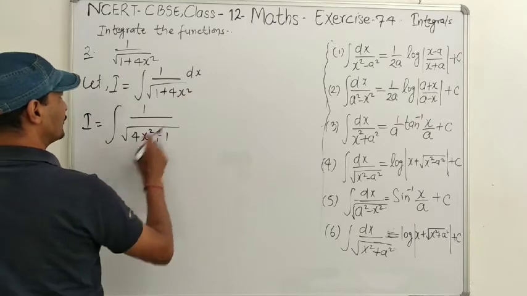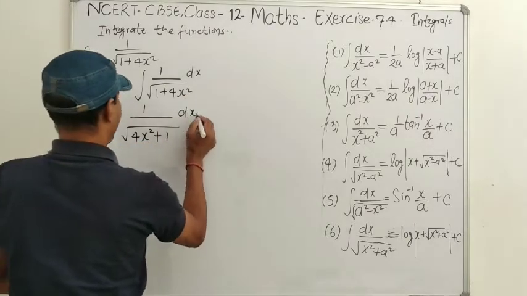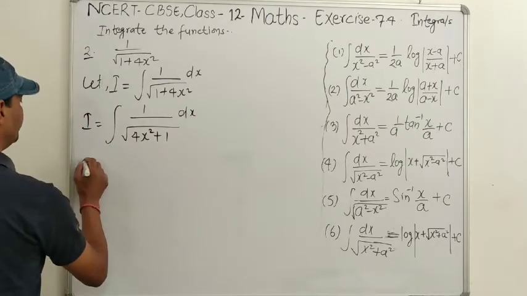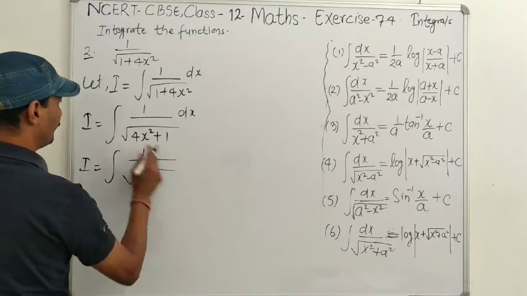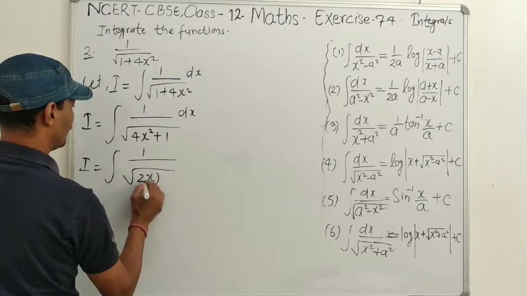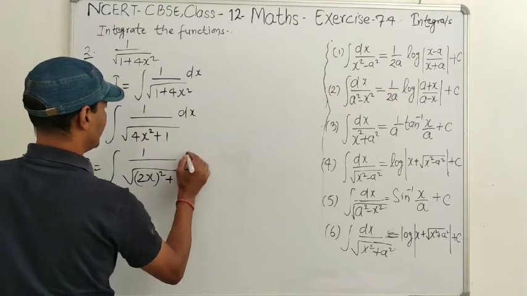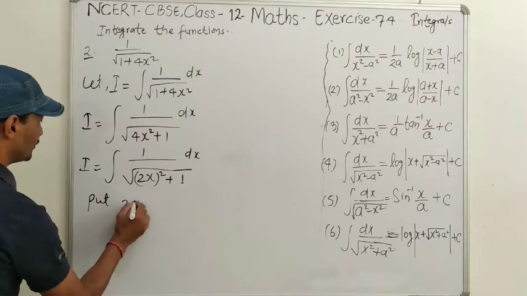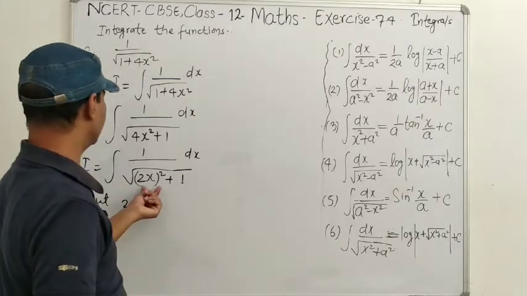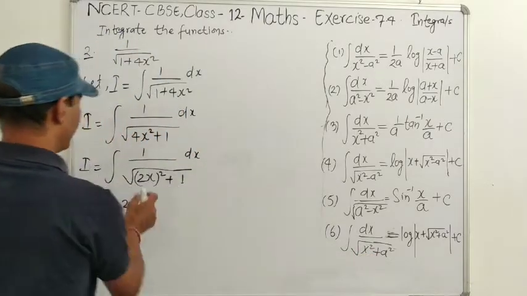Directly also it is possible, otherwise here it is x square and here a square, this dx. Next step, root over 4x square we can write as 2x whole square plus this one, dx. Now we put this 2x because we need to form this x square, but here it is 2x.